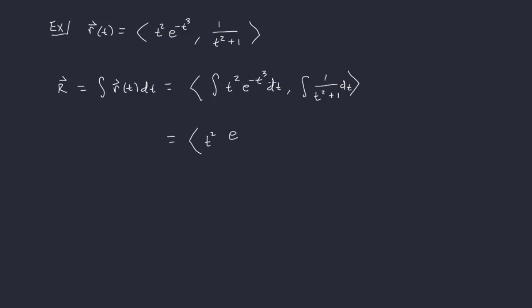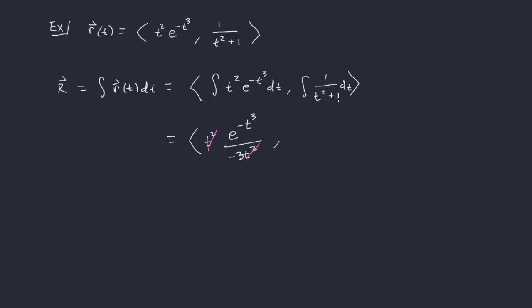Then we're going to integrate e to the stuff like we normally would. So e to the stuff, it's itself. And then we divide by the derivative of the stuff. So this will be negative 3t squared. And this only ever works if the leftover t squared up here thing cancels. And you'll notice I'm not putting the plus c yet. We'll do that in just a second.